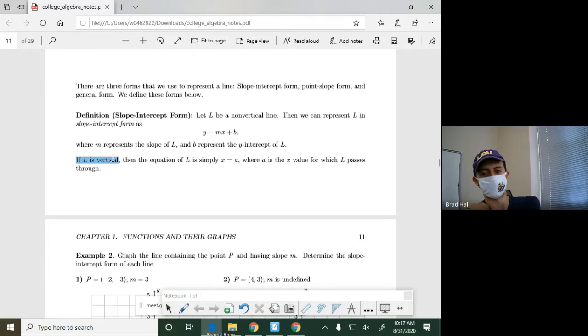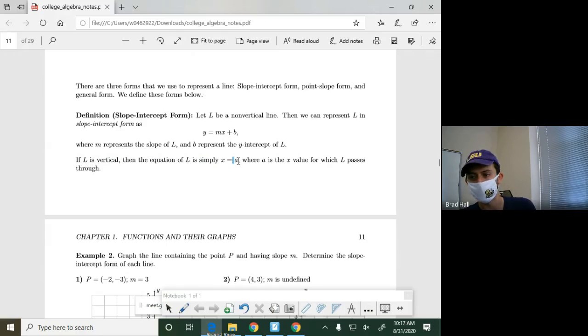Now, if you have a vertical line, we talked about vertical lines having an undefined slope. So obviously, you cannot get a slope. So what do you do? You have a vertical line, you cannot use slope-intercept form because there's no slope. So they kind of give it to you for free. Then the equation is simply x is equal to a.